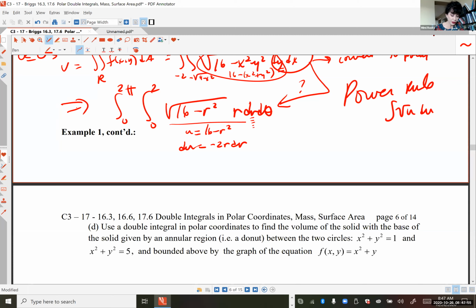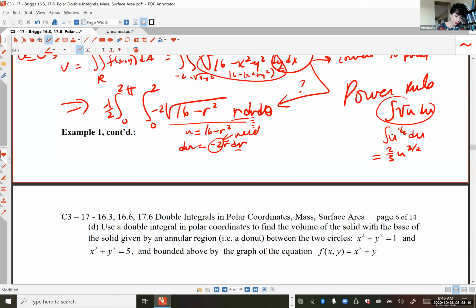And good news and bad news. The good news is r and dr are already in the integrand. The only thing that we need would be a -2. So I put one in, provided I multiply the front of the integral by its reciprocal, -1/2. And now, knowing what we know about the power rule here, this is going to be what? 2/3 u to the 3/2.